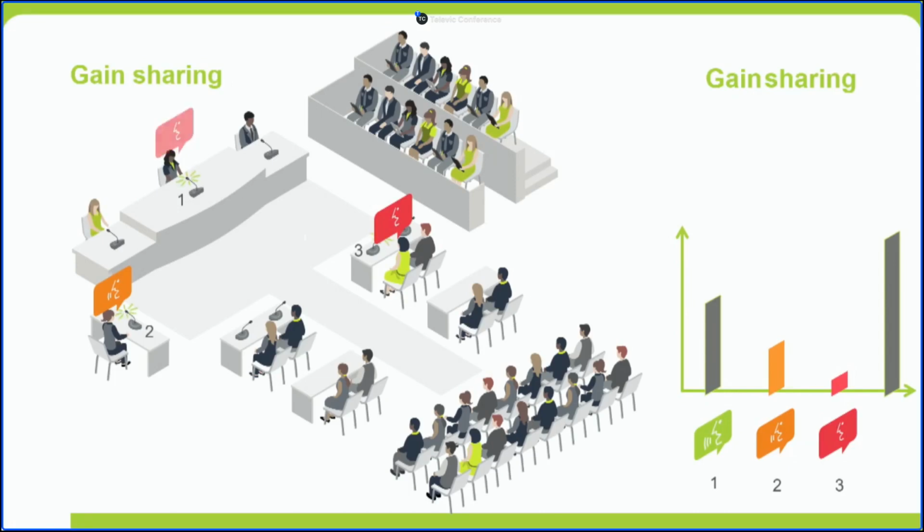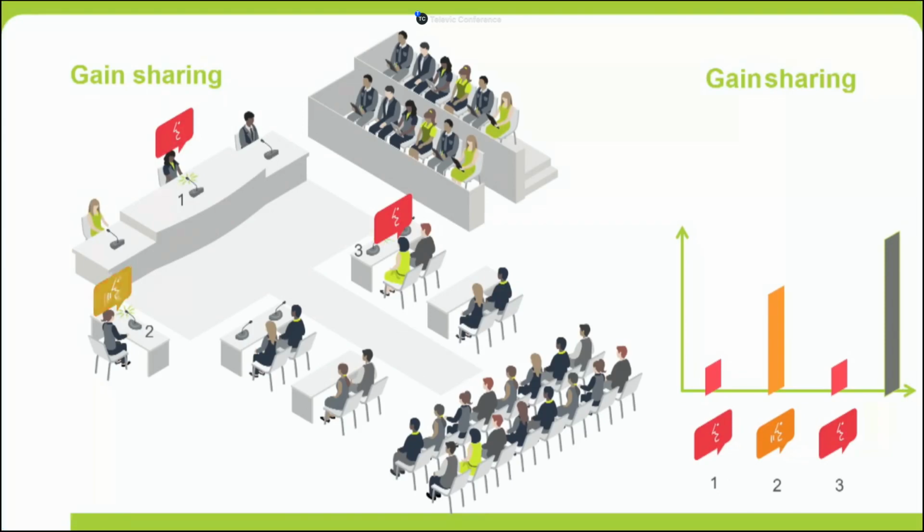Now, if suddenly speaker 1 would stop speaking while his microphone is still open, this gain sharing algorithm will automatically increase the gain of speaker 2, who is still speaking, and will reduce the gain of microphone 1. So that you always get a consistent total gain, but you increase the active speaker and reduce the microphones where there is no audio.